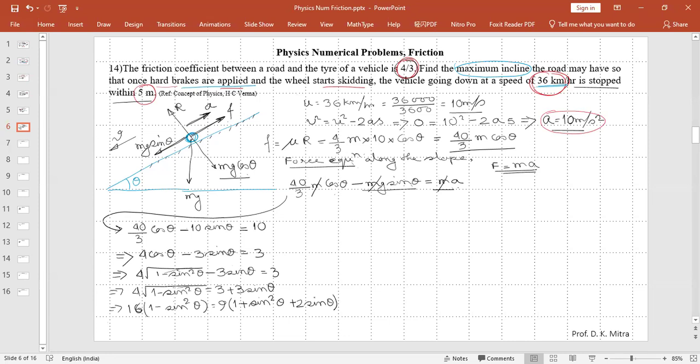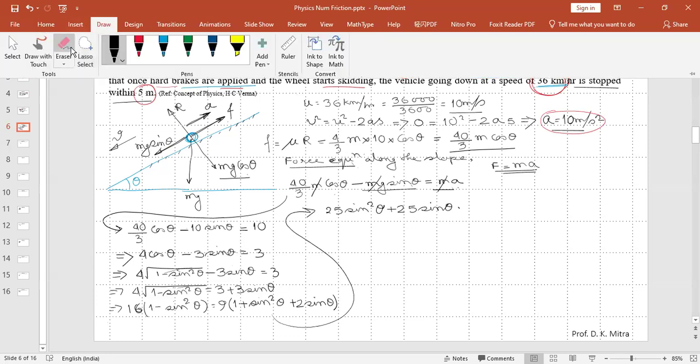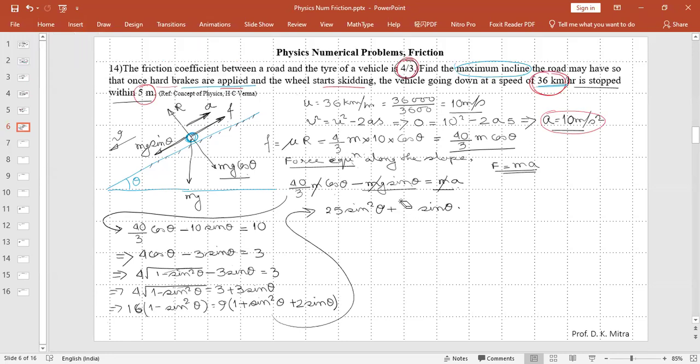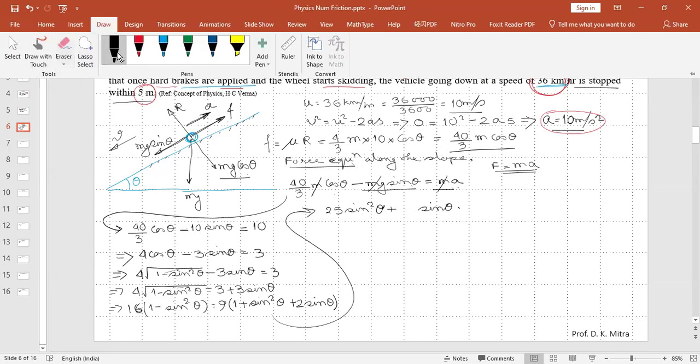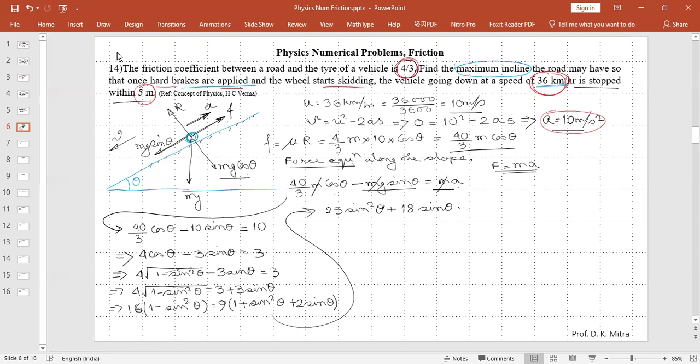If you simplify this expression, we'll find 25 sin square theta plus 18 sin theta minus 7 equal to 0, skipping one step.